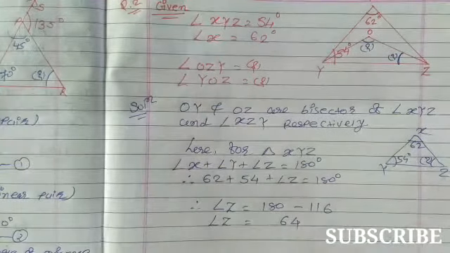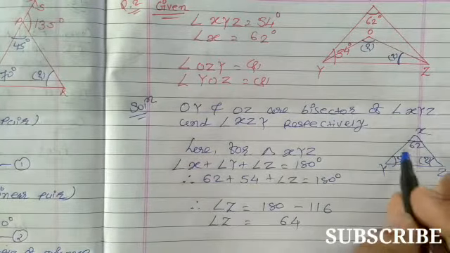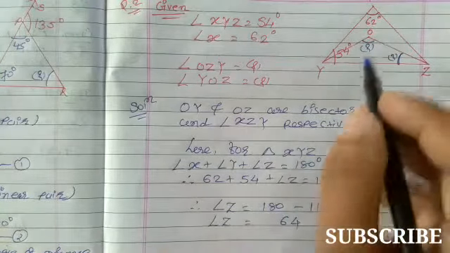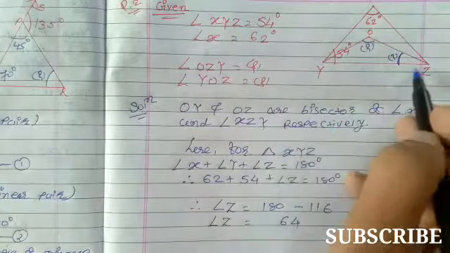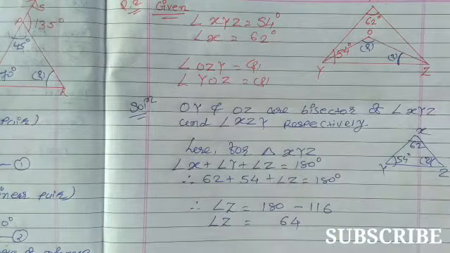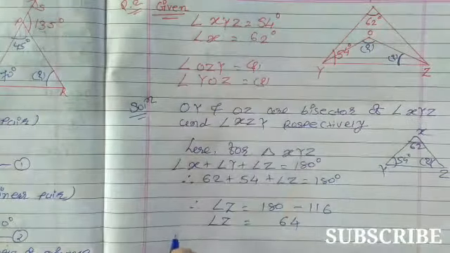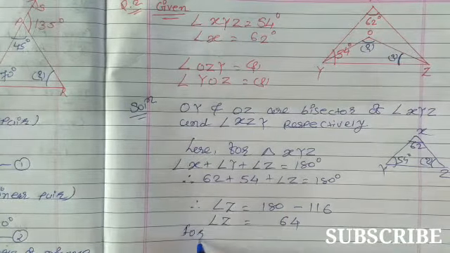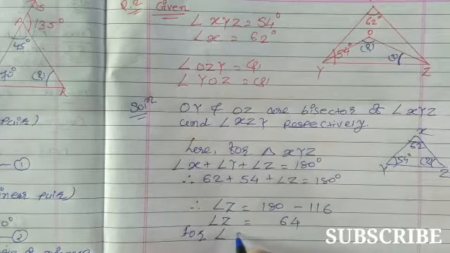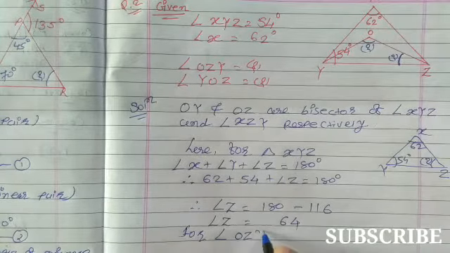Okay friends, now we have angle Z, so we can easily find the bisector angles OYZ and OZY. The first question is OZY.